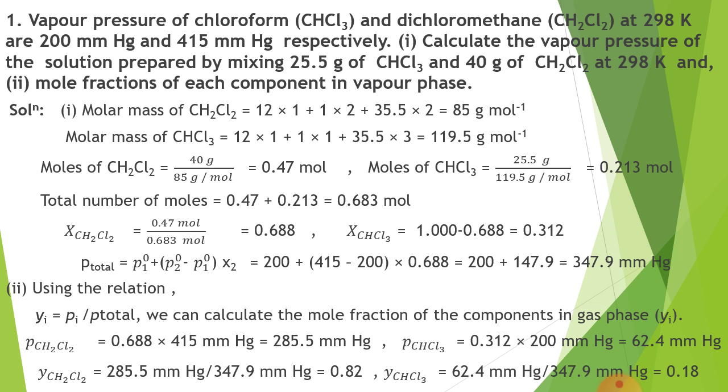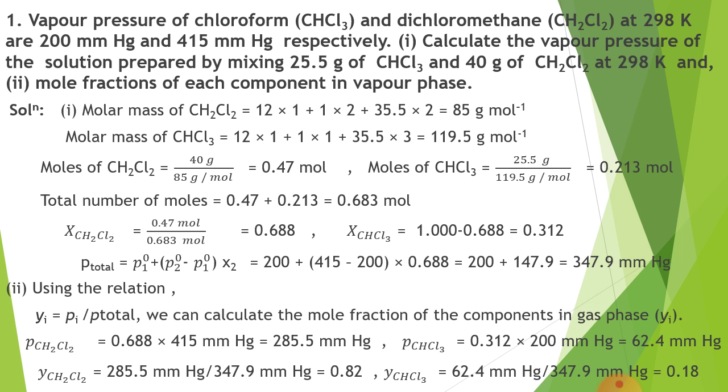Now, putting this partial pressure in the formula, Y equal to partial pressure divided by total pressure. So Y CH2Cl2 equal to the partial pressure is 285.5 and total pressure is 347.9. We get 0.82.